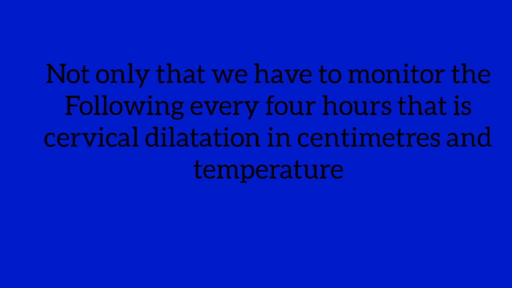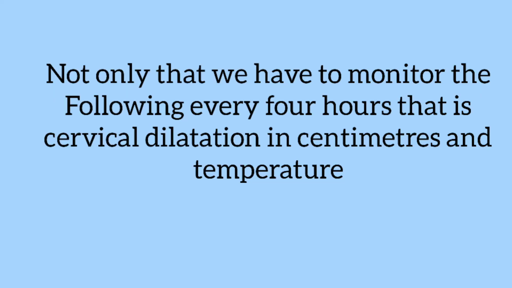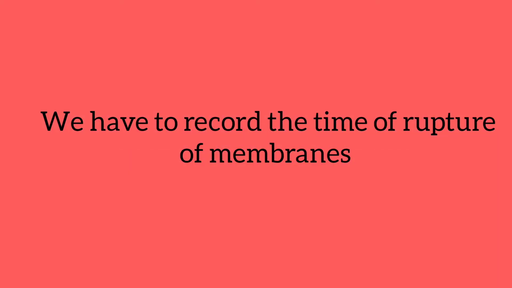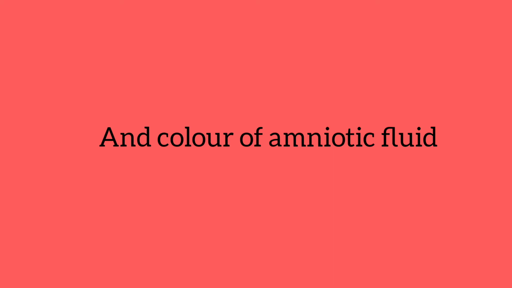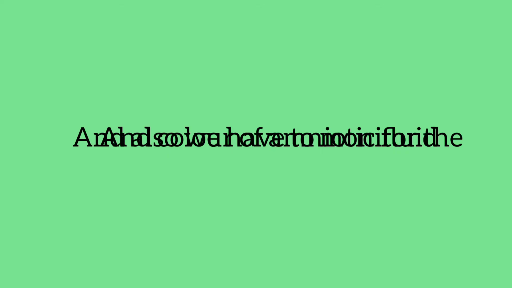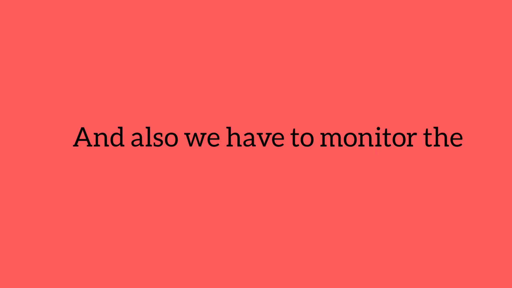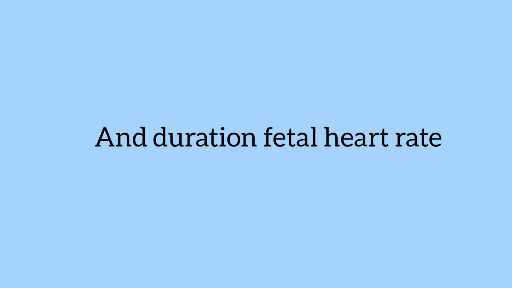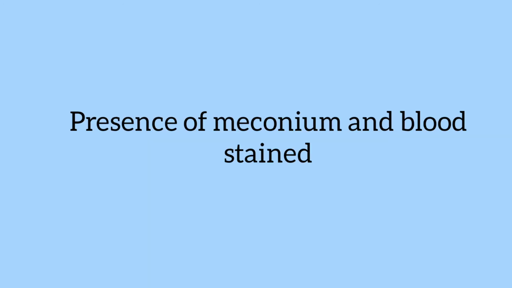Not only that, we have to monitor the following every 4 hours: cervical dilatation in centimeters, temperature, pulse and blood pressure. Coming to the management, we have to record the time of rupture of membranes and color of amniotic fluid. And also we have to monitor every 30 minutes the maternal pulse, contractions, frequency and duration, fetal heart rate and presence of signs such as meconium, blood stained amniotic fluid and collapsed cord.